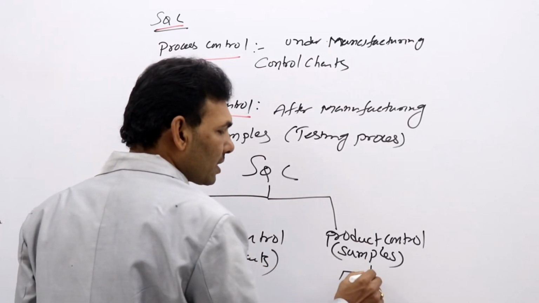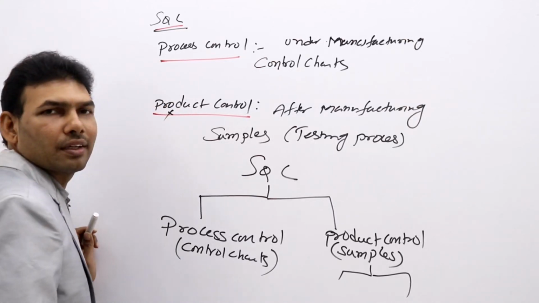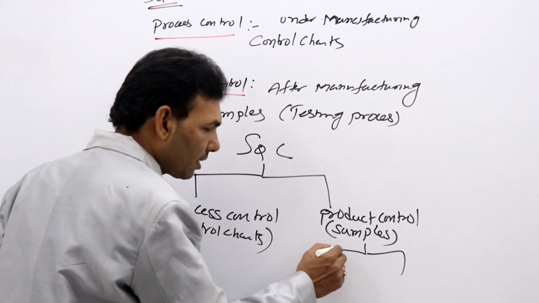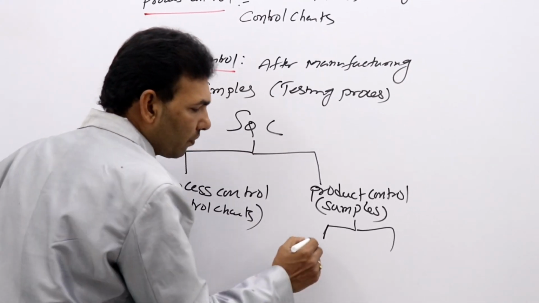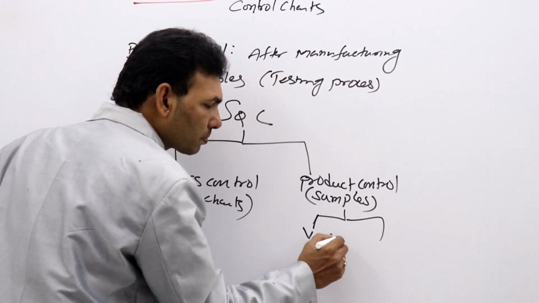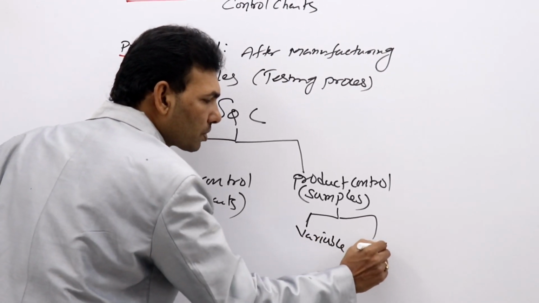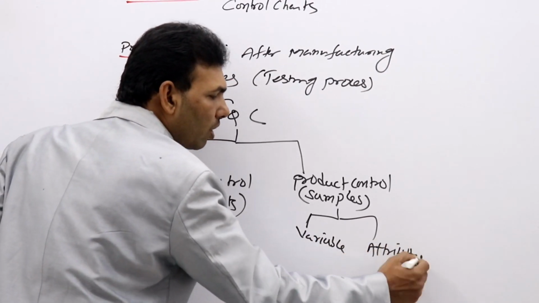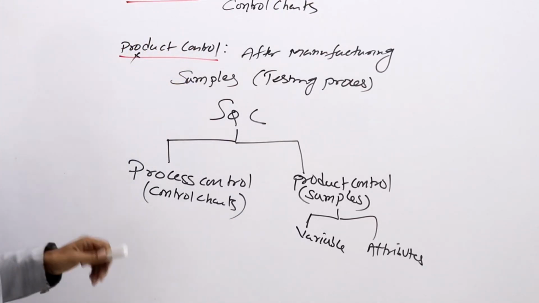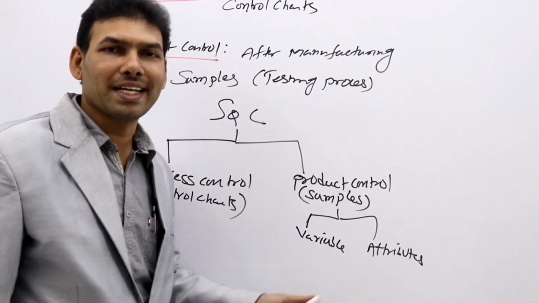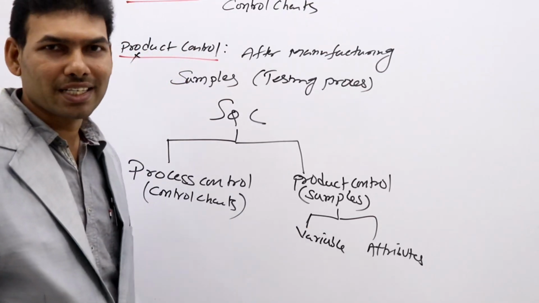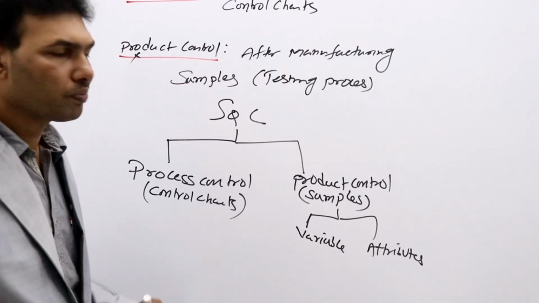Again here, in the sampling technique, the testing is done with variables and attributes. We discussed all the attribute tests, and based on variables, the mean test and variance test come under variable.